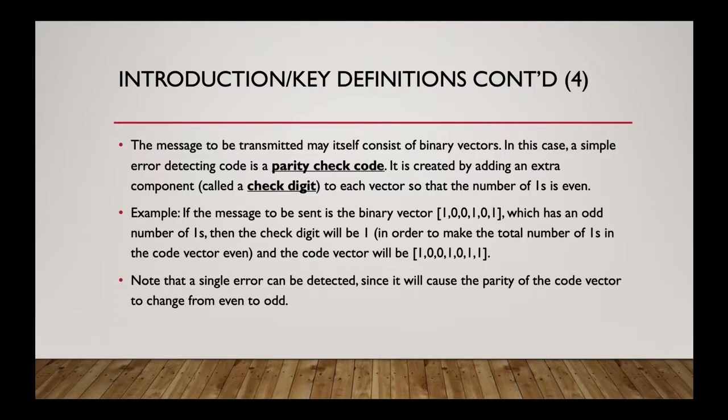So an example would be if a message was 100101, it has 3 ones, which is odd, and so the check digit would be 1 in order to make it even. And so the new code vector would be 100101 with the extra 1 added at the end. And note that a single error can be detected since it would cause the parity to change from even to odd.